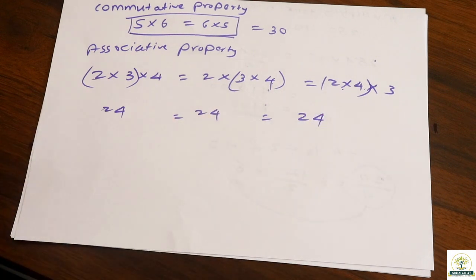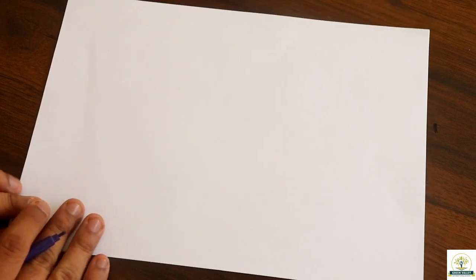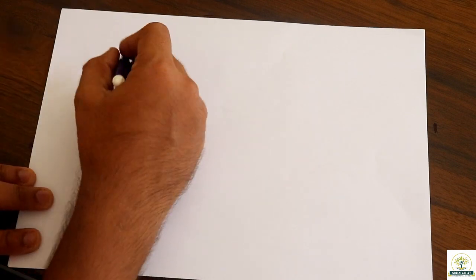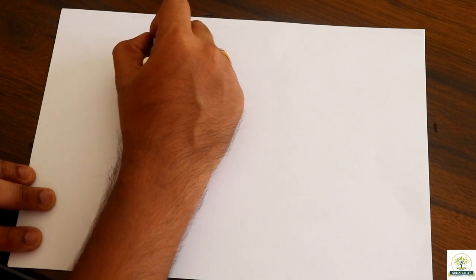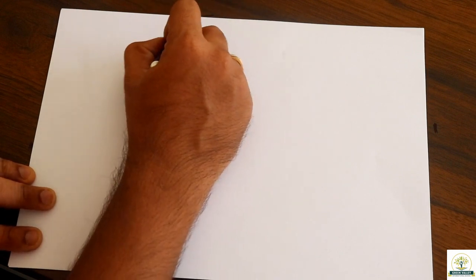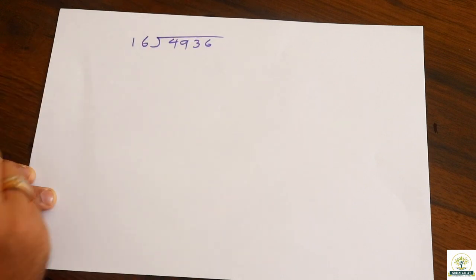Understood? Now let us do the long division method, which you might not have learnt yet, though you have learnt simple division. Suppose I want to divide 4936 by 16.